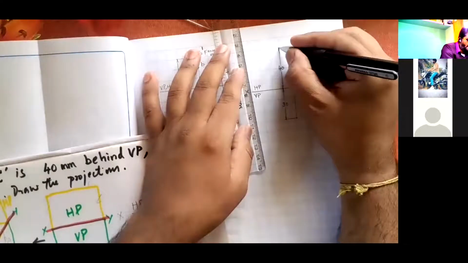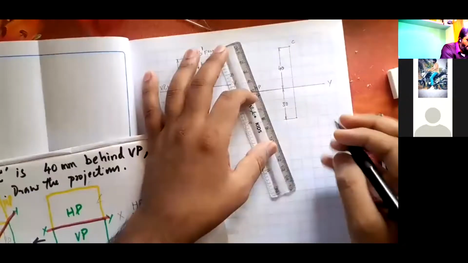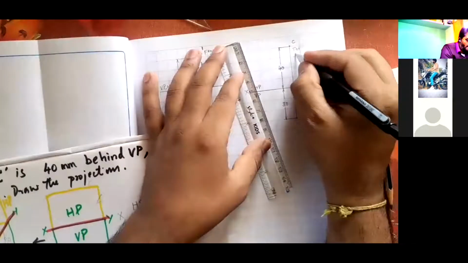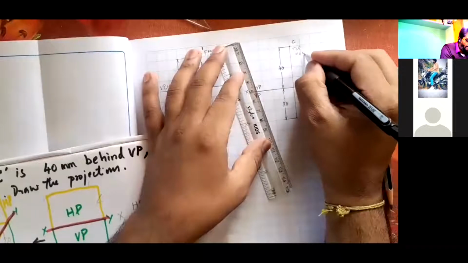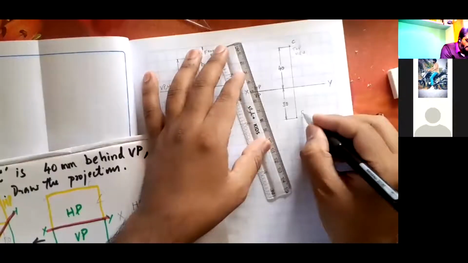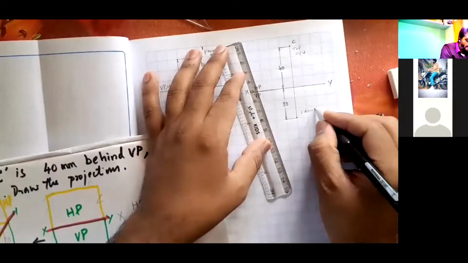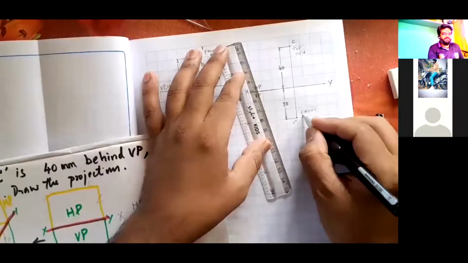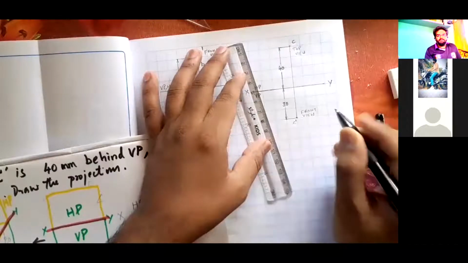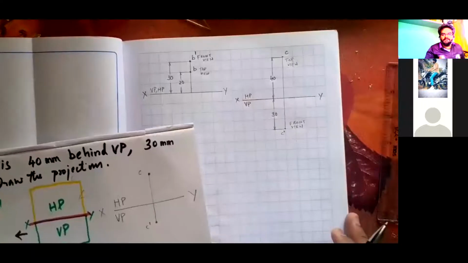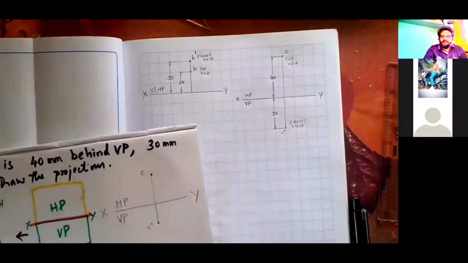So this is the top view. This is the front view. This is your final answer for a point in the third quadrant.